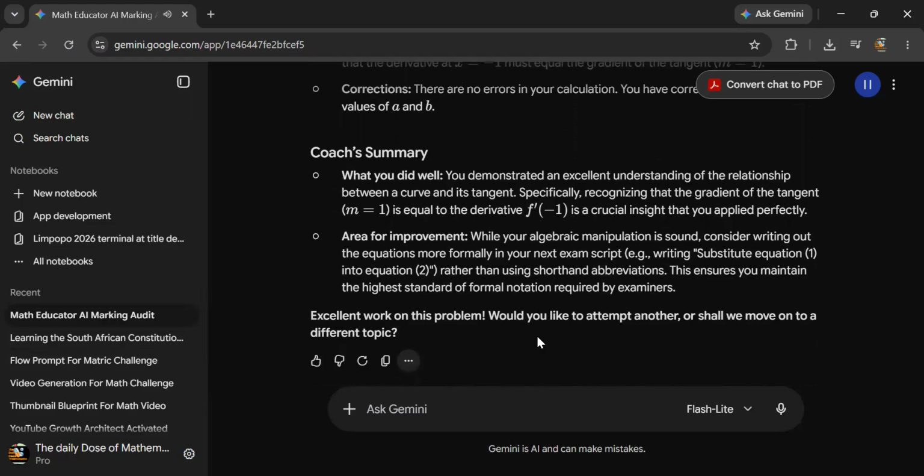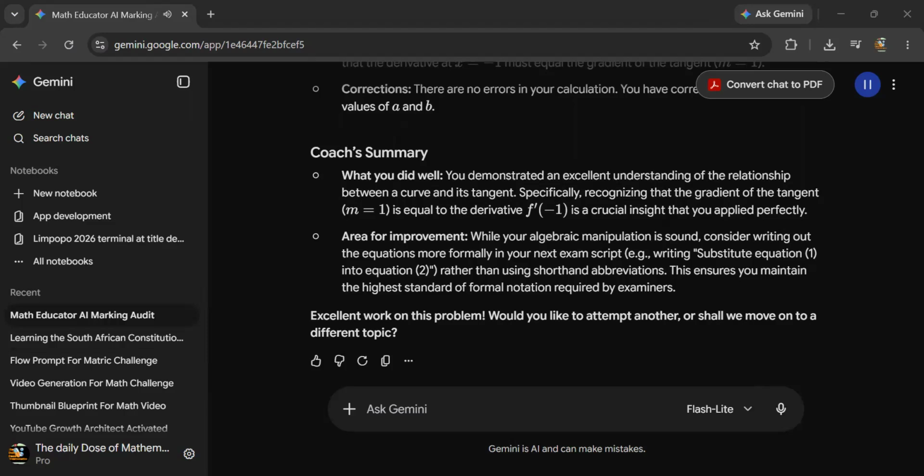Coach's summary. What you did well. You demonstrated an excellent understanding of the relationship between a curve and its tangent. Specifically, recognizing that the gradient of the tangent, m equals 1, is equal to the derivative f'(-1) is a crucial insight that you applied perfectly. Area for improvement.